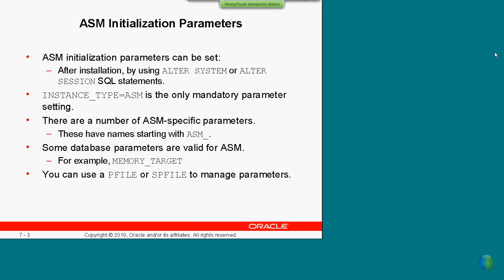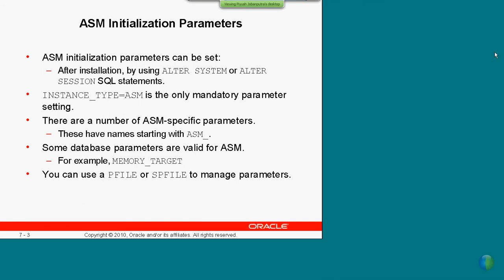There is only one parameter which is mandatory for ASM, that is INSTANCE_TYPE equal to ASM. If INSTANCE_TYPE is equal to RDBMS, that means it is a database. When you set INSTANCE_TYPE equal to ASM, it means it's an ASM instance.